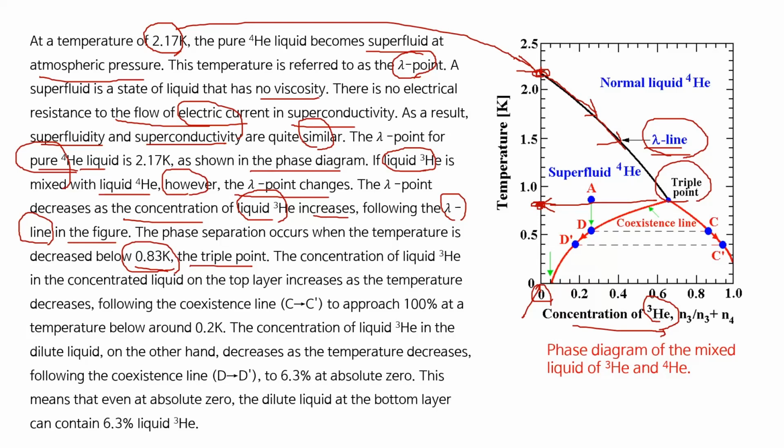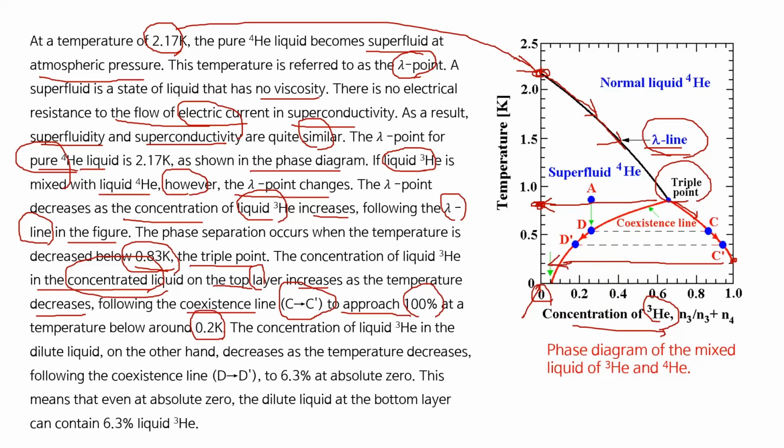The concentration of liquid helium-3 in the concentrated liquid on the top layer increases as the temperature decreases, following the coexistence line C to C prime, to approach 100% at a temperature below around 0.2 Kelvin. So in the concentrated liquid, the helium-3 content will become 100% around 0.2 Kelvin.